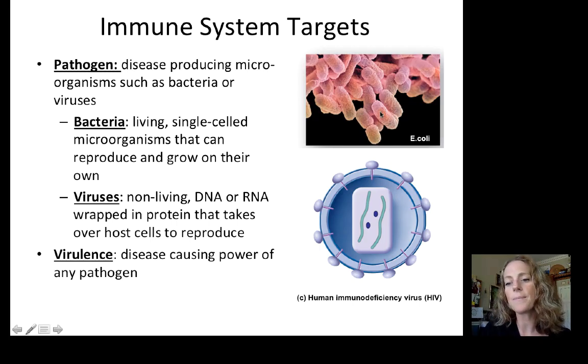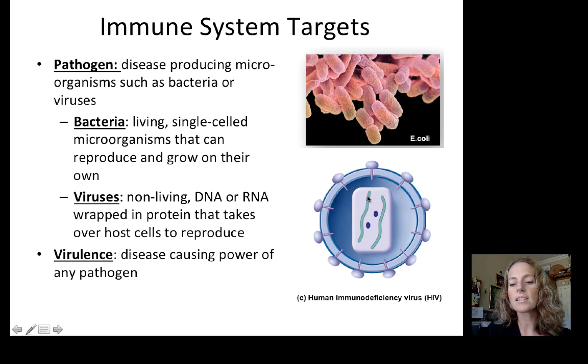So here's an example of E. coli bacteria. A virus is non-living but disease-causing, and it's basically DNA or RNA wrapped in a protein coat. I don't want to oversimplify viruses. They can be very complex in structure, and the only reason they're considered to be non-living is that they require host cells to reproduce.